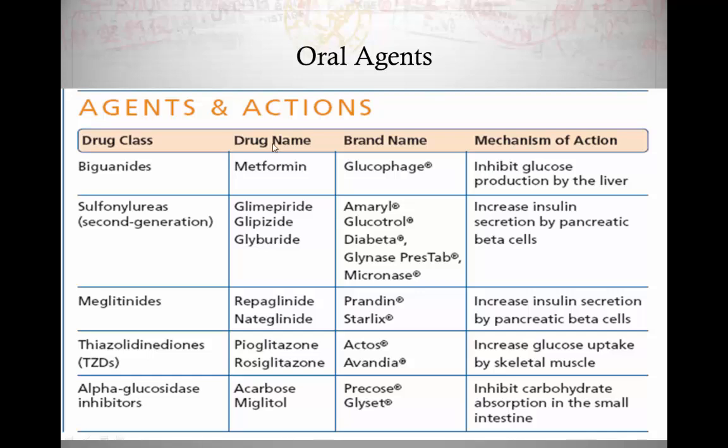An example of biguanides is metformin, and you must memorize the mechanism of action. Biguanide metformin inhibits the glucose production by the liver. You have the sulfonylurea, which is the second generation. Those are glipizide and glyburide. They increase insulin secretion.